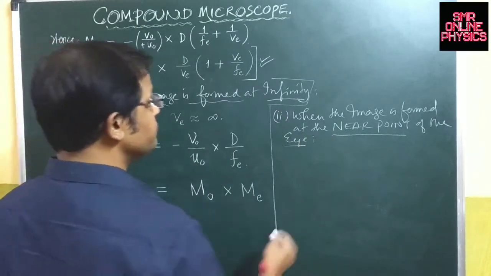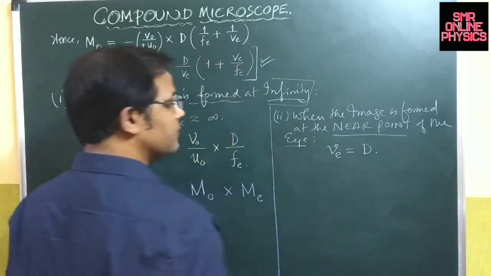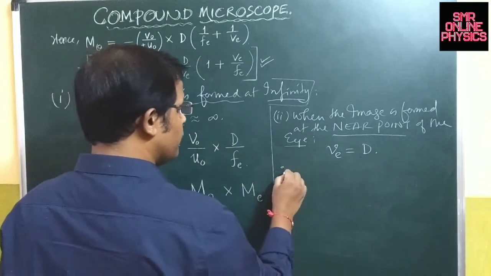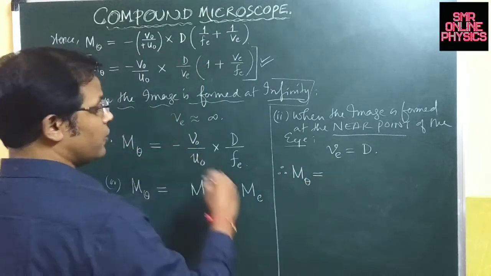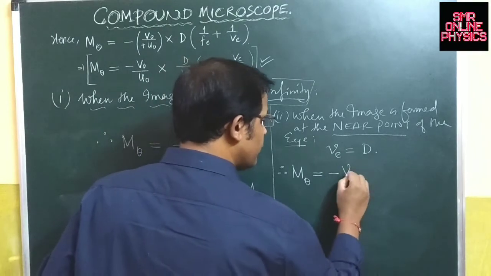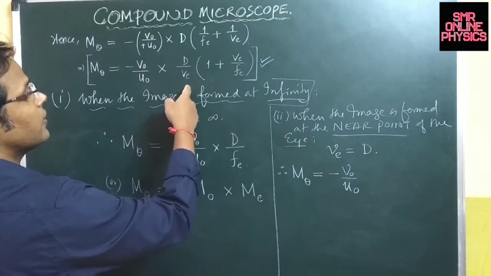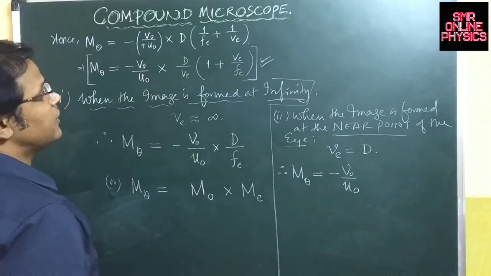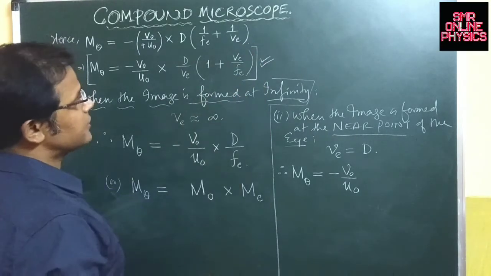VE itself will become equal to D, that is equal to 25 centimeters. Look at the equation. Therefore, I should find m theta, the angular magnification, should be equal to minus V naught by U naught. This is gone, you see this? So you will be left with 1 plus VE by F. This is again D there. So that's it.